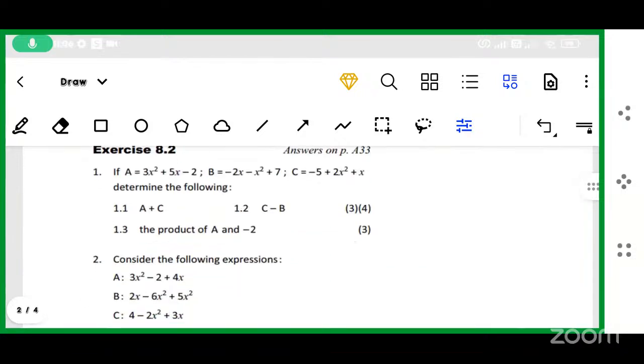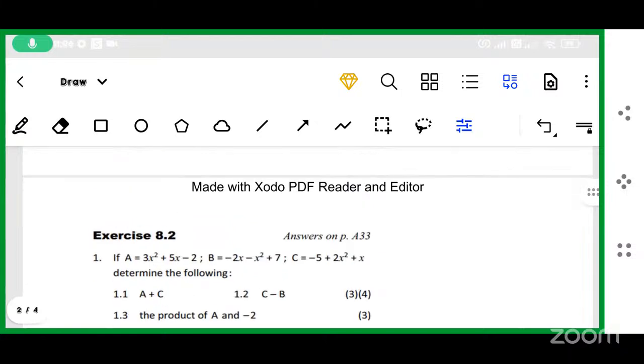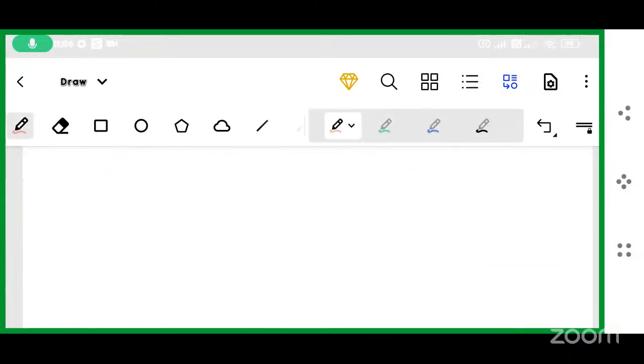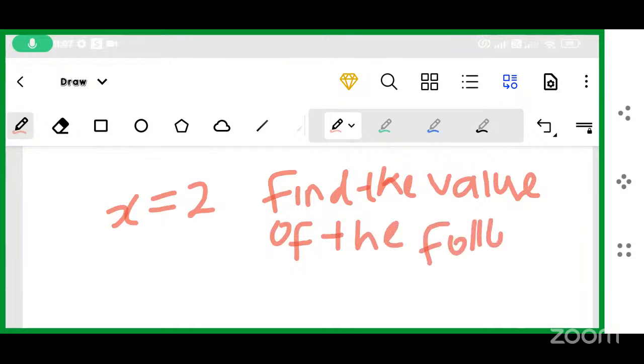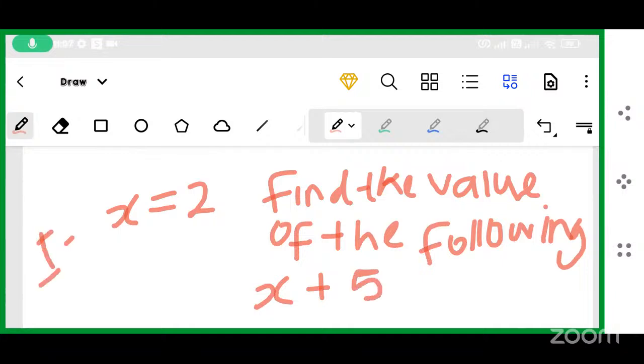What I want you to note before we start is that if you are told x equals 2, and then you are told to find the value of the following, which is x plus 5.